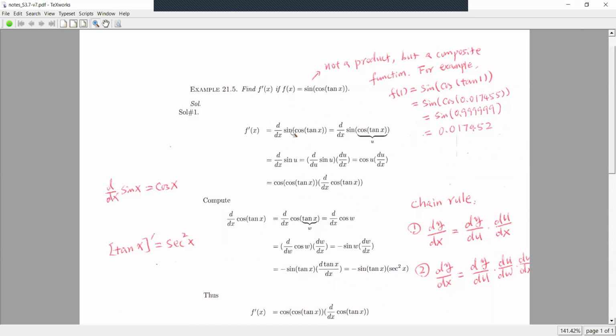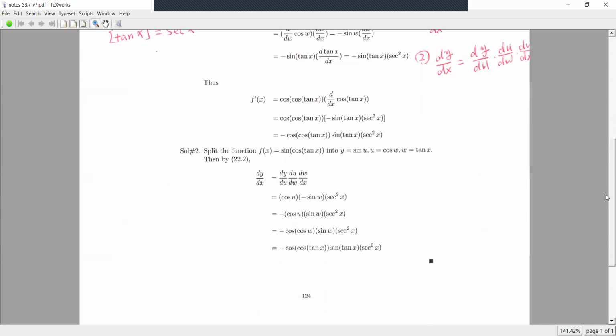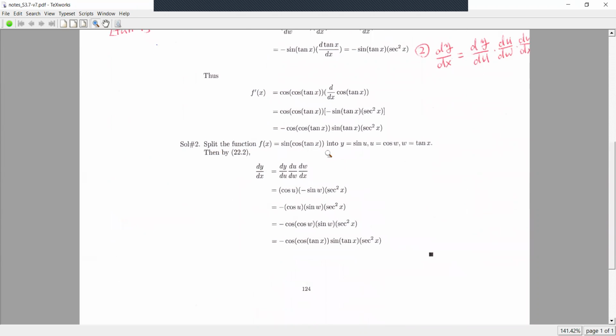In order to use the formula, I split the given function into several simple functions: y is sine of u, u is cosine of w, and w is tangent of x. If I plug in tangent of x for the w here, then I have cosine of tangent of x. Plug in cosine of tangent of x for the u here, then y is this function.